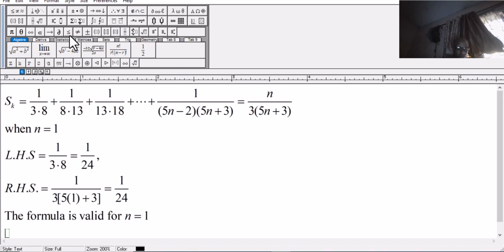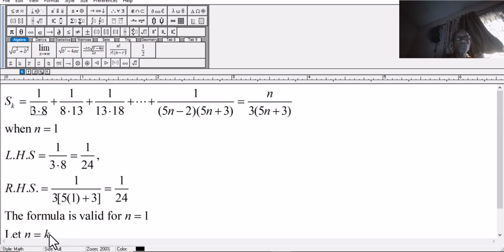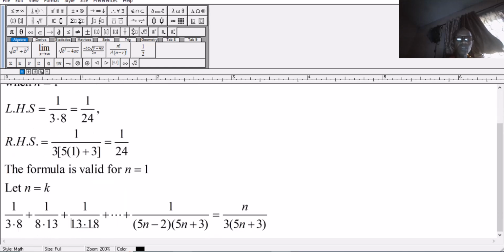So let's assume let n be equal to k. So that means we're going to change everything here to our k. So copy everything here. So change this to k and change this to k.